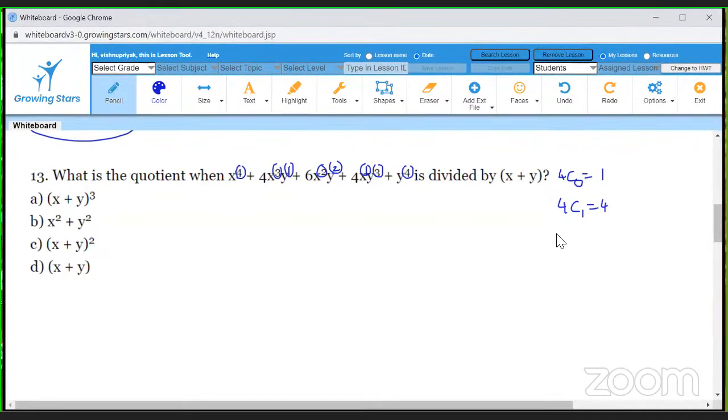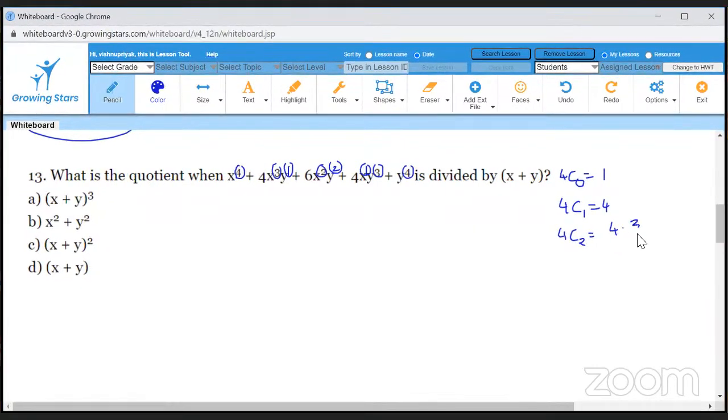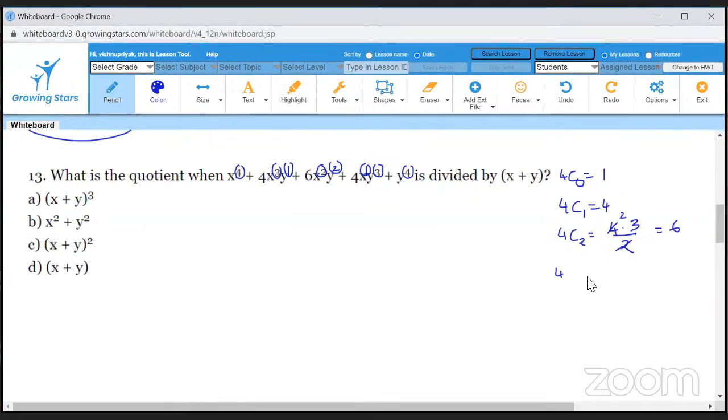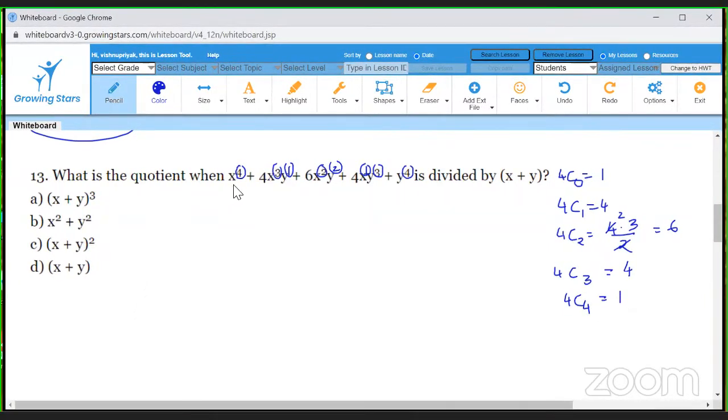4c1 is 4. 4c2: start with 4, take two numbers, divide by 2 factorial. So 4C2 is 6. 4C3 is same as 4C1. 4C4 is same as 4C0. So you can say that this is the expansion of x plus y whole power 4, which you are dividing by x plus y.